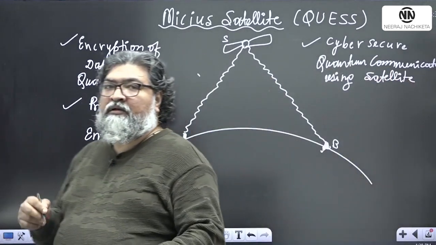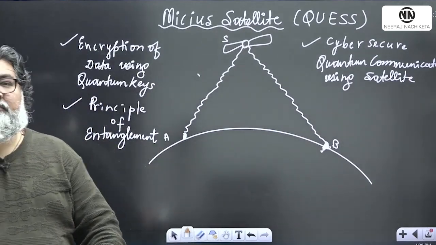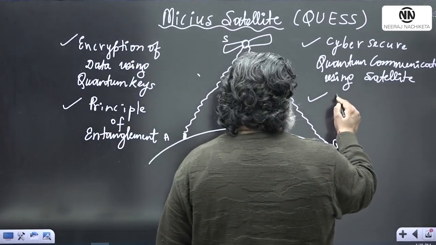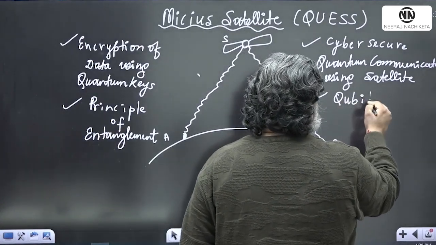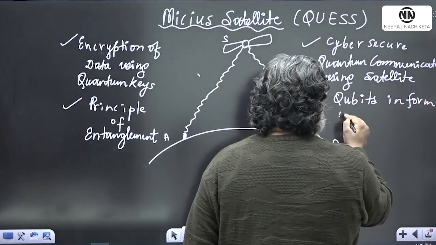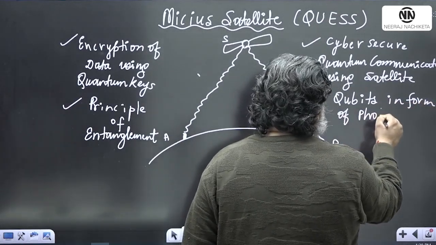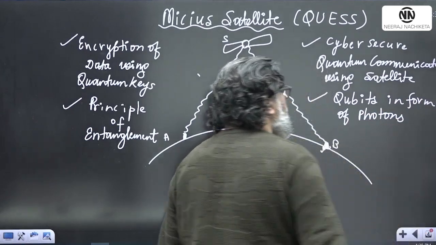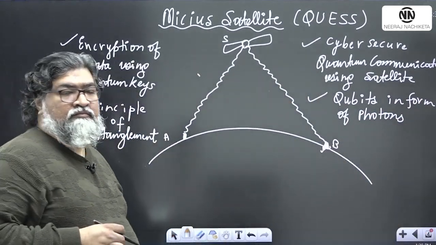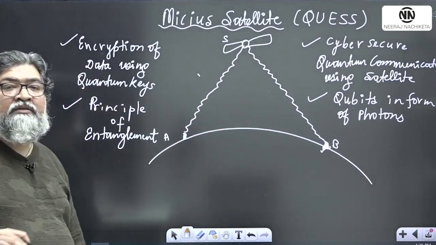And here radio wave or microwave was not used. Simply they used communication qubits in the form of photons, light in the form of photons. They used a laser beam of light, right? That is what China did.